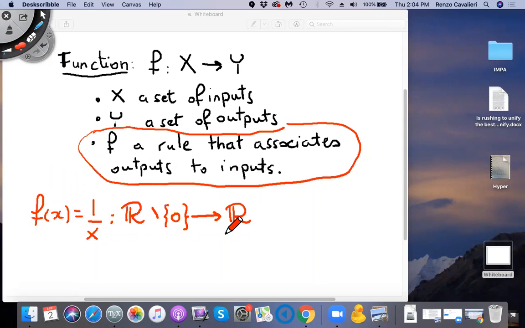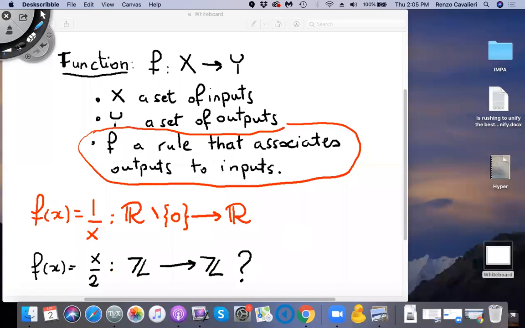Of course, in calculus we do this part kind of automatically. You just say y equals 1 over x is a function, and you automatically understand that the domain should be R minus 0, right? In this class we're going to be a little bit more careful. So when I ask you, is the function f of x equals x divided by 2 a function from the set of the integers to the set of the integers?